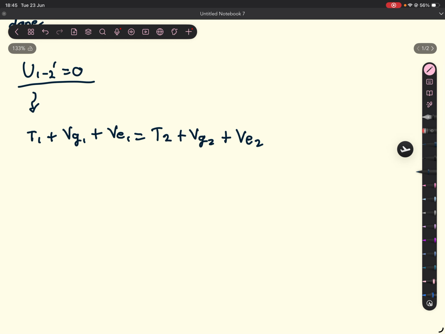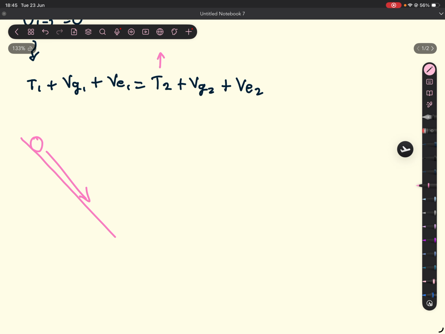So, for example, if at state 2 I gain kinetic energy, so an example of that would be like a ball starting at the top of a hill and then it rolls down and it gains kinetic energy. So this is state 2, this is state 1, right? So it gains kinetic energy, right?